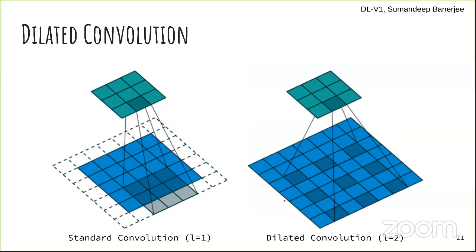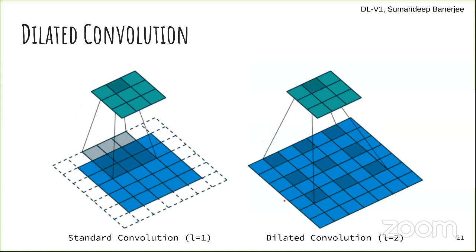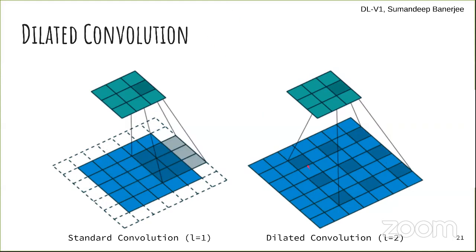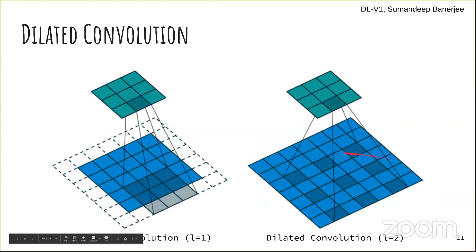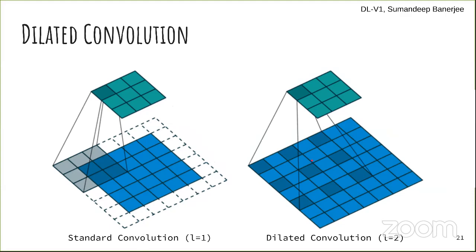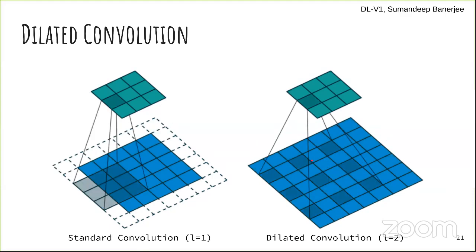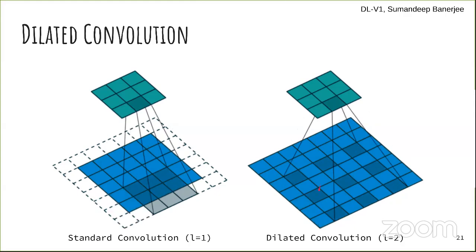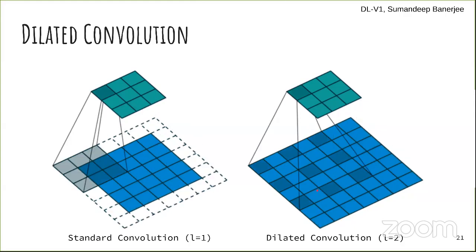So it has the effect of applying a larger filter by utilizing a much smaller filter. This does not find much application in classification, but it does have an application, especially in pixel operations like segmentation and all that. I think it may be covered in a later course.